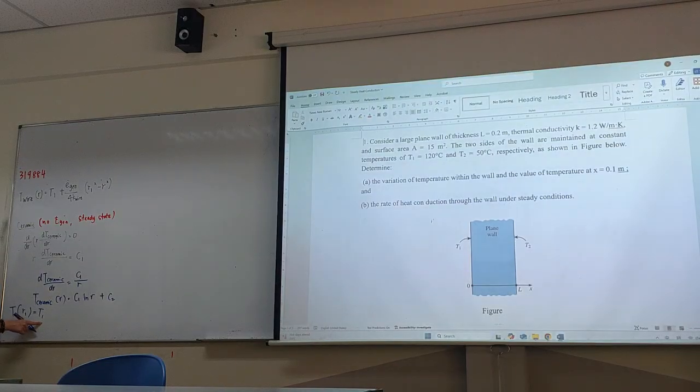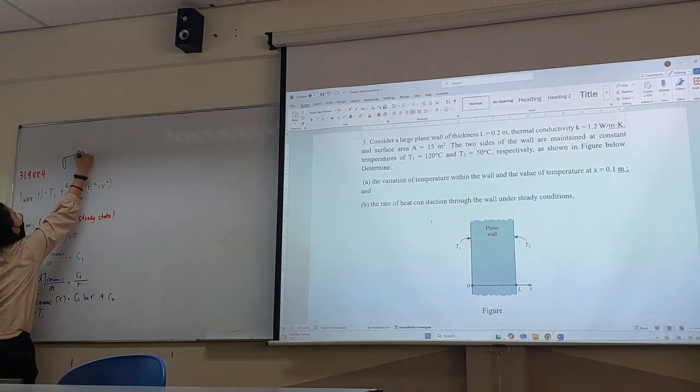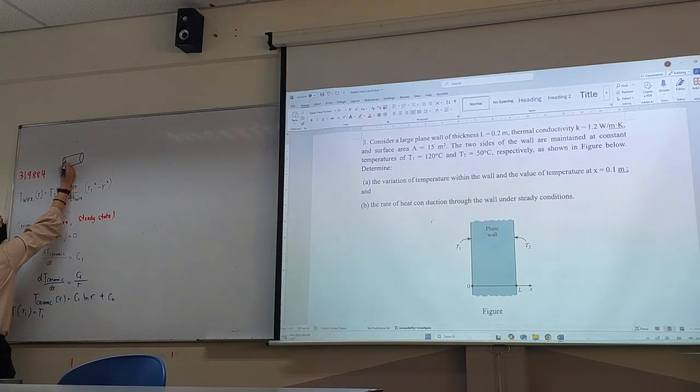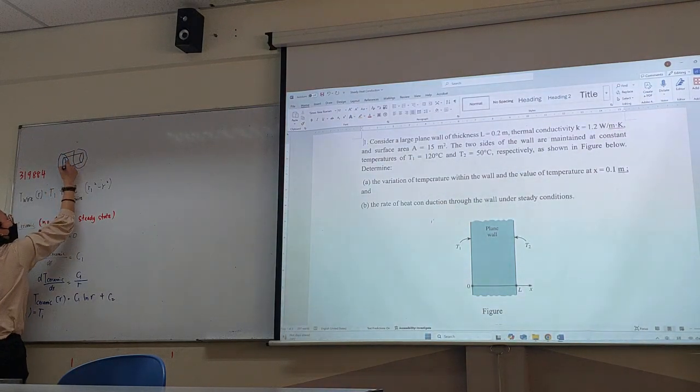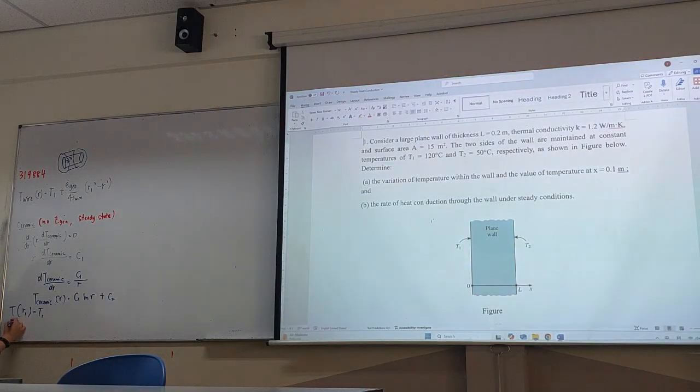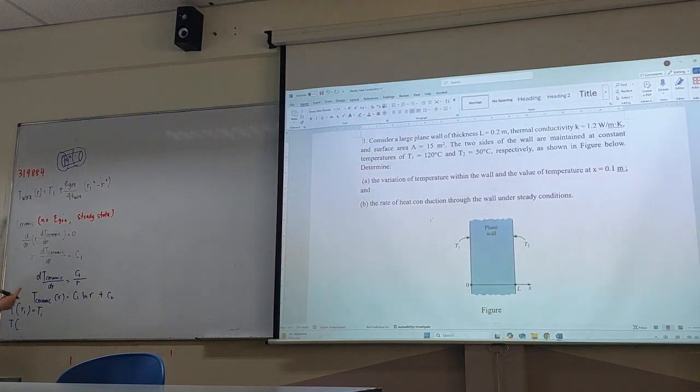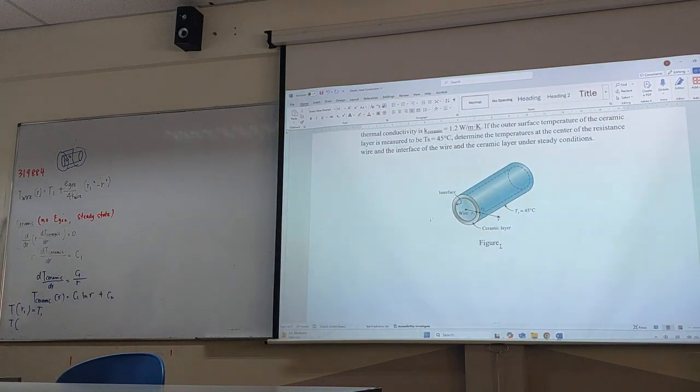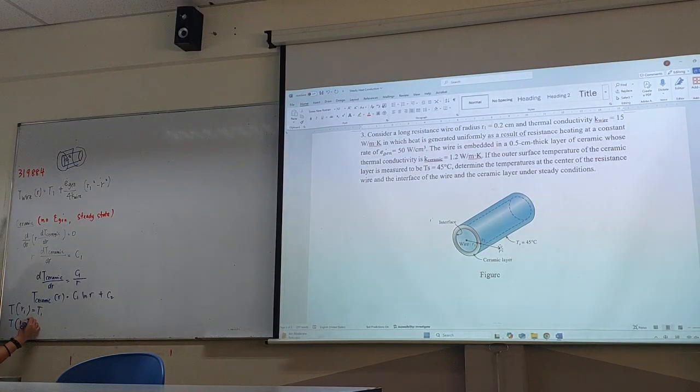I make an assumption and name it T1, which means at this inner point R1 the temperature is T1. Here, the second surface, the surface temperature: at R2 the temperature equals Ts, or 45 degrees Celsius.